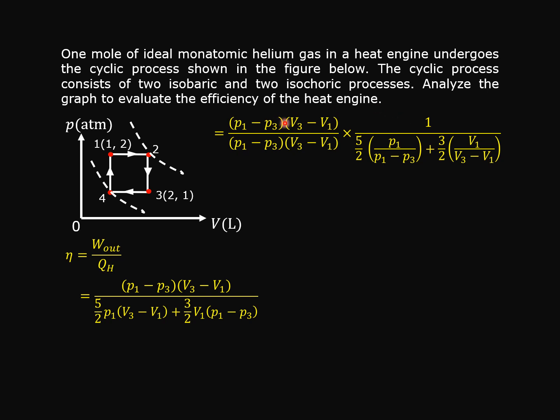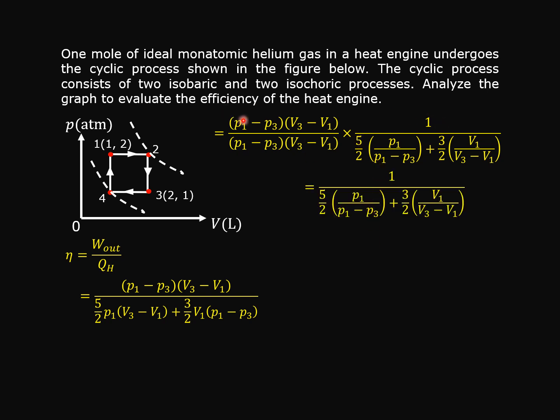If we multiply the numerator and the denominator, which are the same, by this expression, of course we will get back the same thing. By taking these steps, we can see clearly later that when we substitute values, we do not need to convert P and V into SI units. This is the reason why we take these steps.